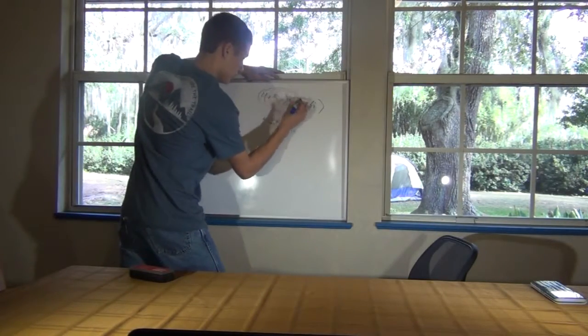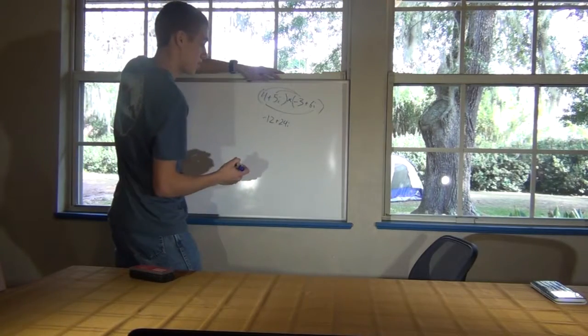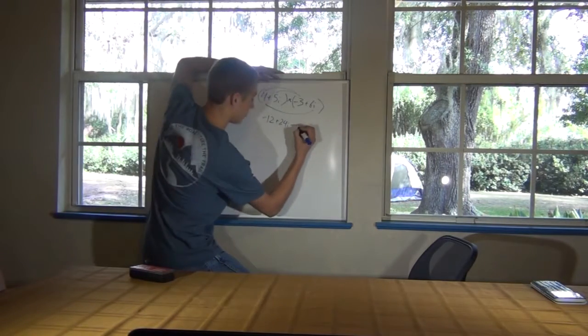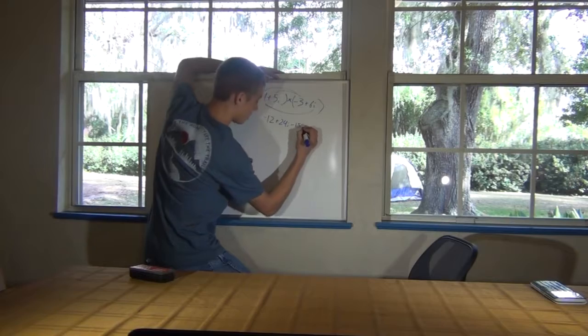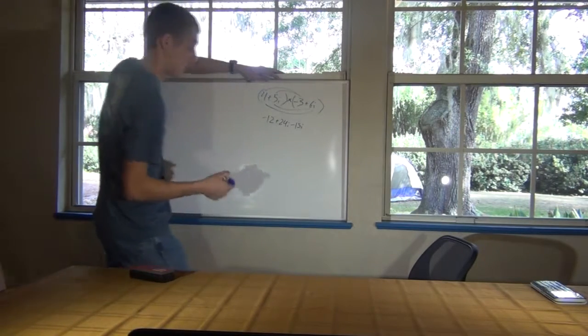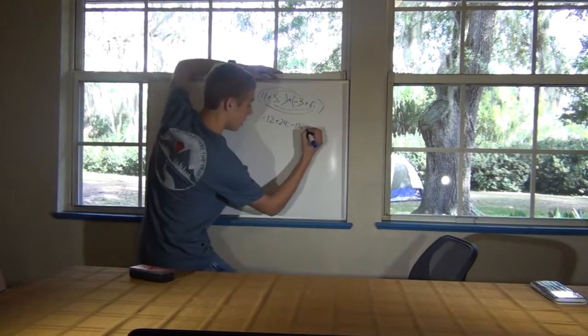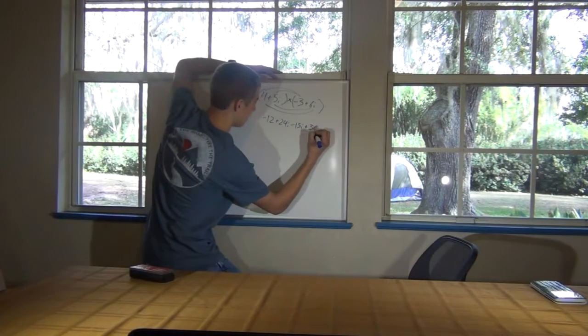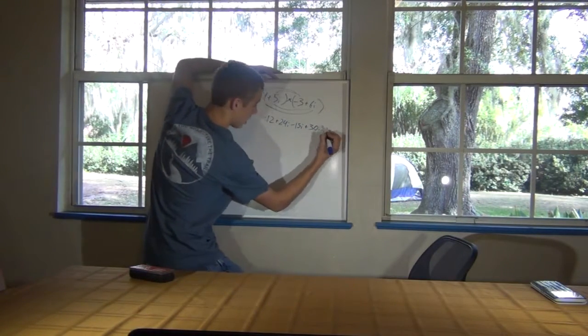Inner, go to your inside here, 5i times negative 3, negative 15i, and finally last, 5i times 6i, and you end up getting plus 30i squared.